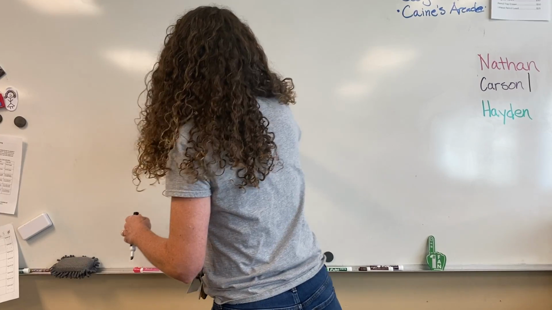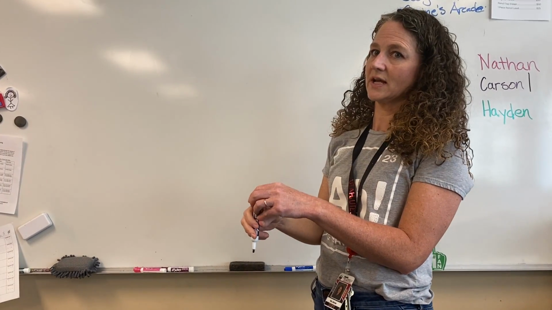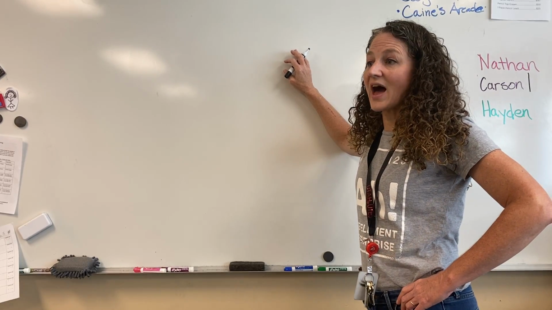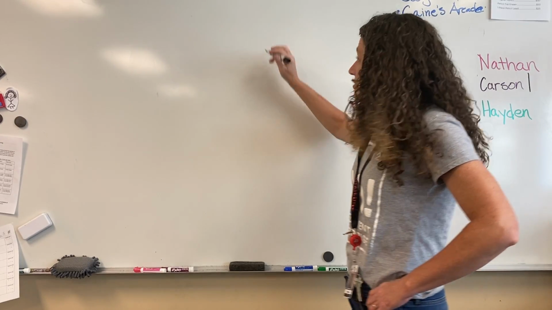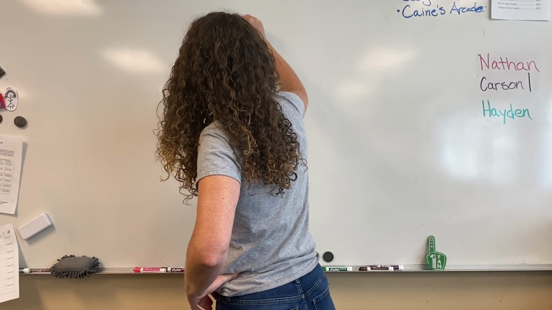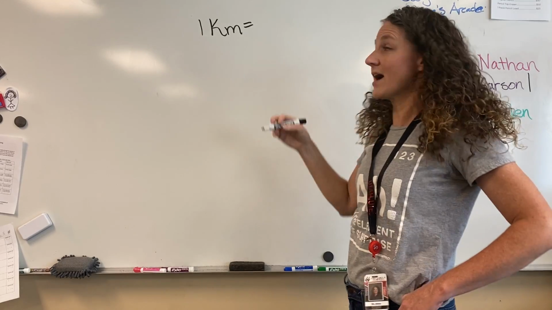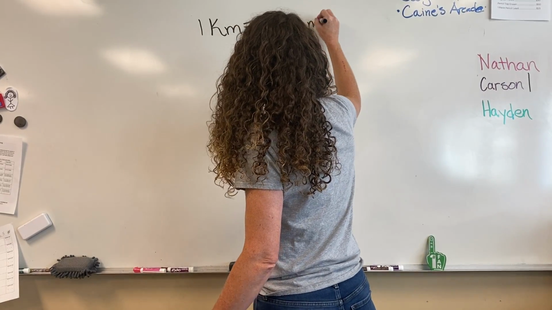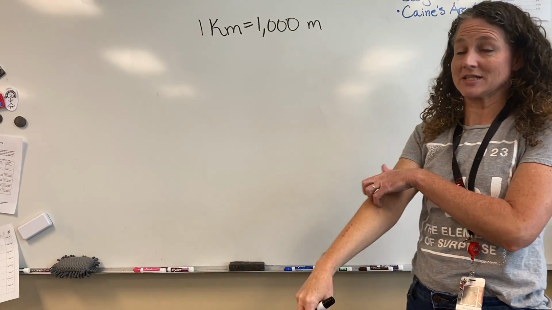This is where the metric system gets lovely. The prefix kilo means 1,000, okay? So 1 kilometer equals how many meters? 1,000. Math gets easy with the metric system.